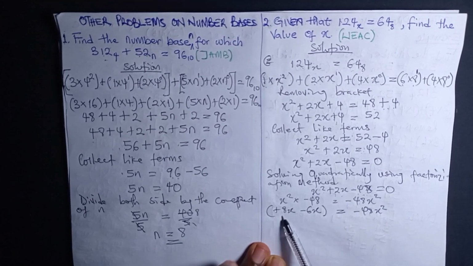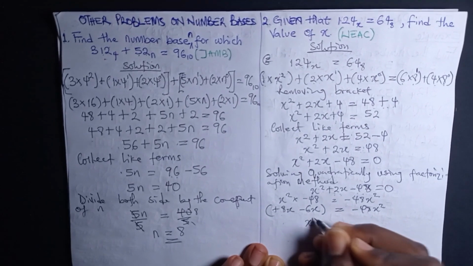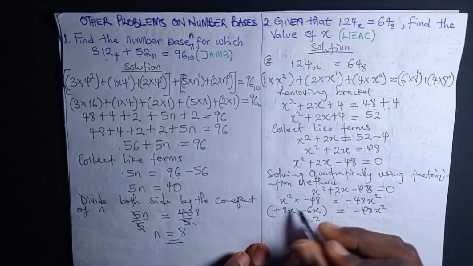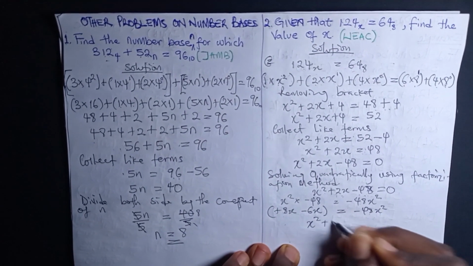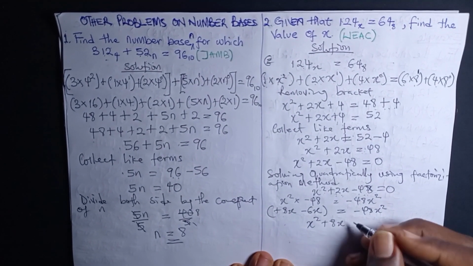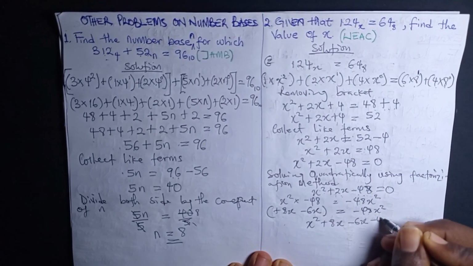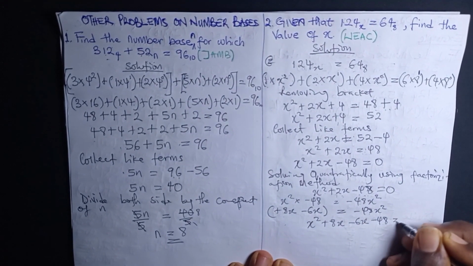So now you replace the second term with these values. You have x squared plus 8x minus 6x minus 48 equal to 0.